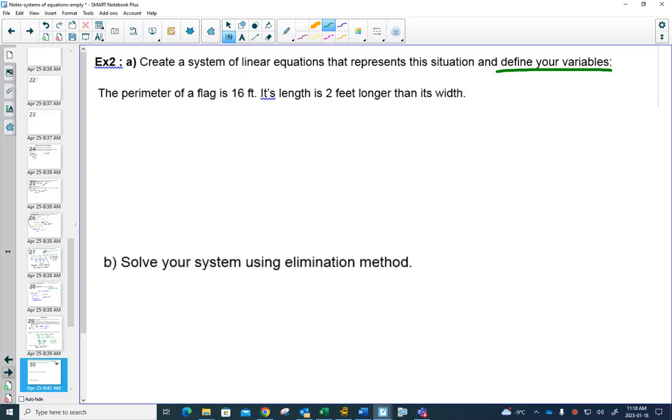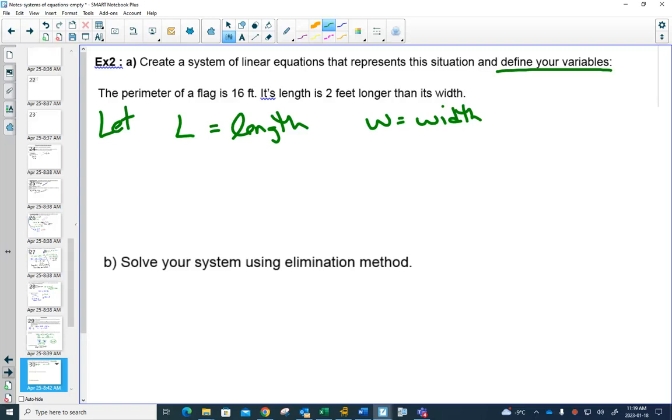To formally define it, I would probably go L is length, W is width. That would be defining my variables. Sometimes they even like you to start off by saying let L equal length and W equal width. Now we know what our variables are.